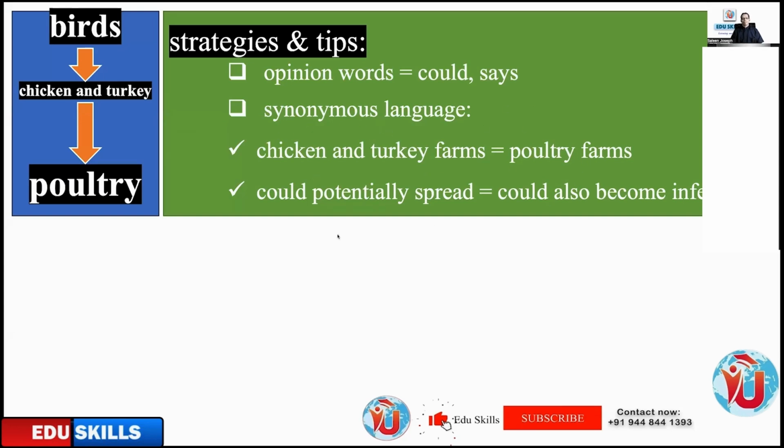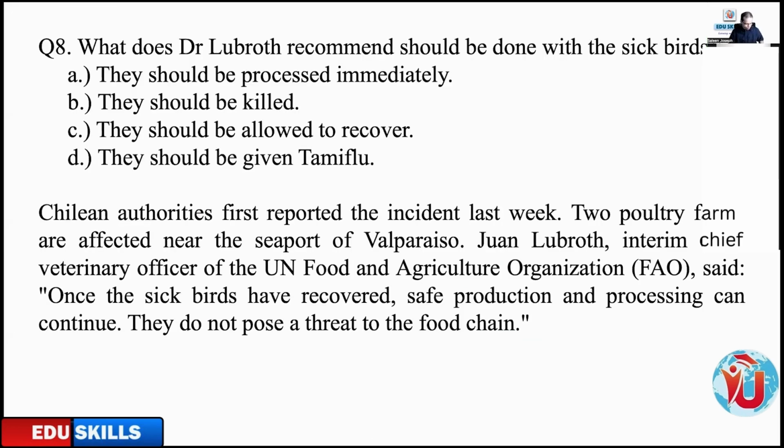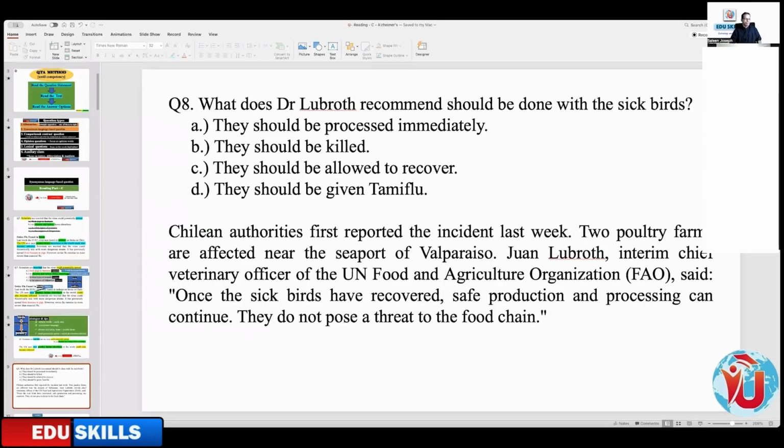Chicken and turkey farms, poultry farms; could potentially spread, could also become infected. The question statement says scientists are worried that the virus could potentially spread to chicken and turkey farms elsewhere. The text reads, the UN now says poultry farms elsewhere in the world could also become infected. So they are paraphrasing. If it is clear, we are moving to the next.